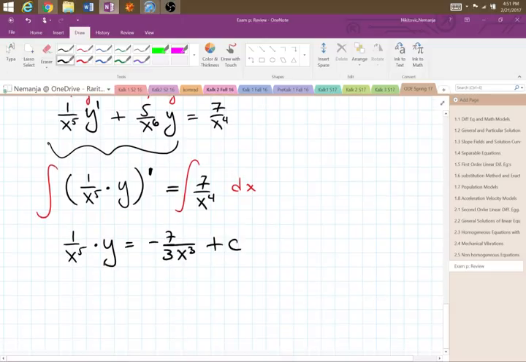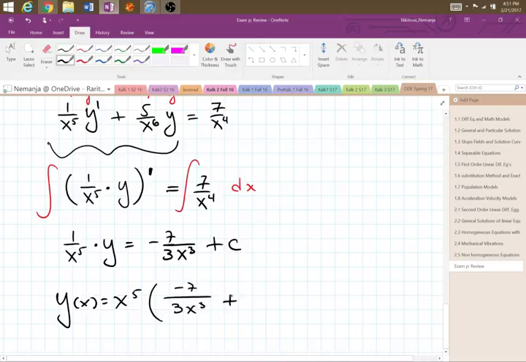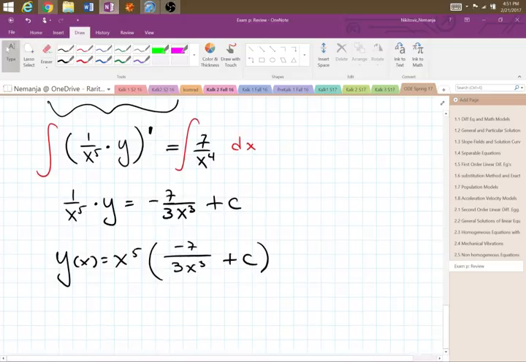And to fish out y, you will multiply both sides by x to the 5. So y of x as a general solution is going to be x to the 5 times negative 7 over 3x cubed plus c. Now you can actually distribute that through and get negative 7/3 x squared plus c x to the 5.